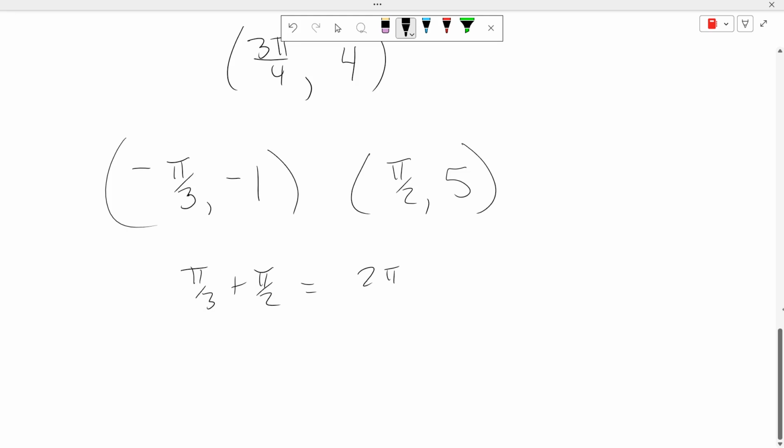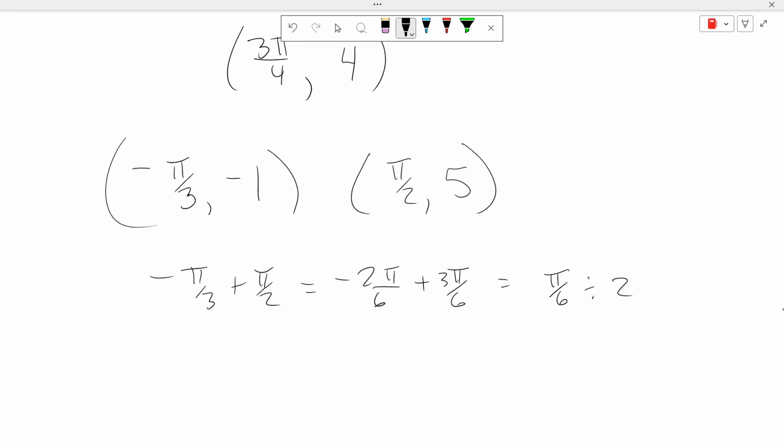So it's negative 2 pi over 6 plus 3 pi over 6, which gives me pi over 6, but we have to divide that by 2. What's pi over 6 divided by 2? Is it pi over 3 or pi over 12?